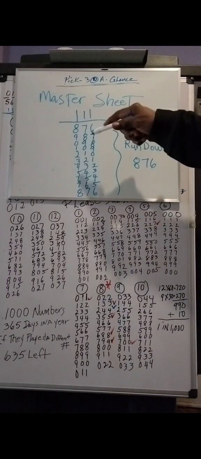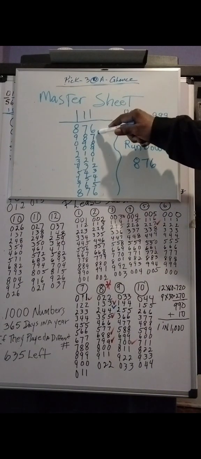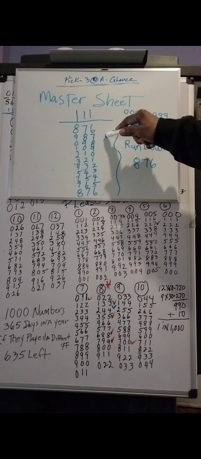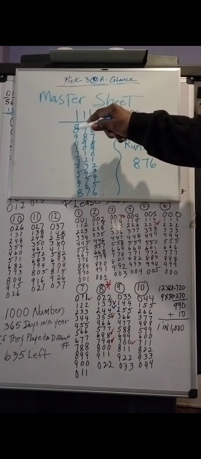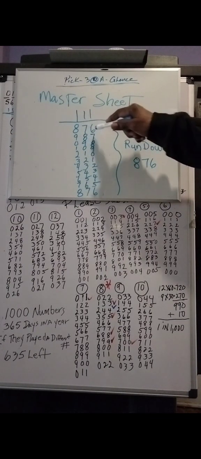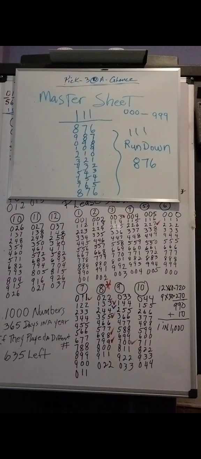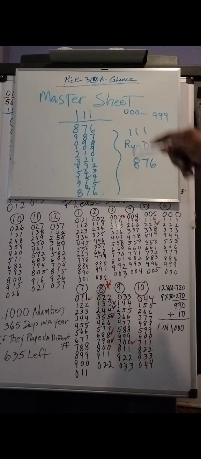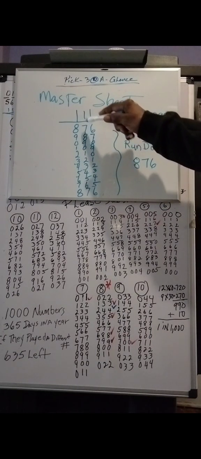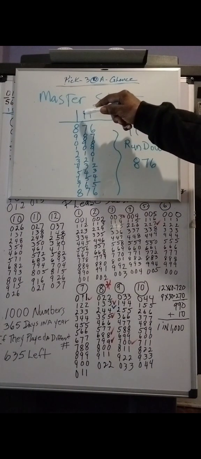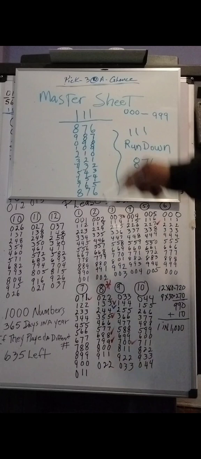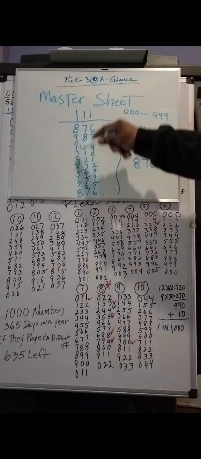And how I do that: let's say the winning number that came in for today, for example, is 876. With that 876, what you're going to do is add 1 to each one of these numbers, straight down.